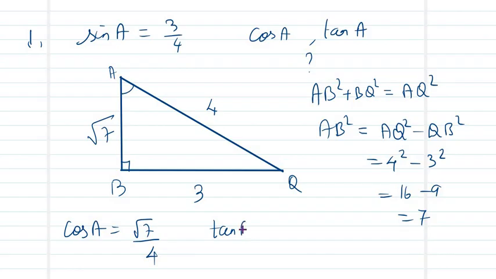The tan A formula, SOHCAHTOA, TOA, is opposite by adjacent side. So tan A will be the opposite side 3 by the adjacent side root 7. So the value of cos A is root 7 by 4, adjacent by hypotenuse, and tan A is 3 by root 7, opposite by adjacent side.